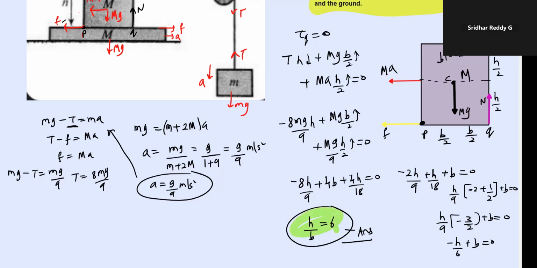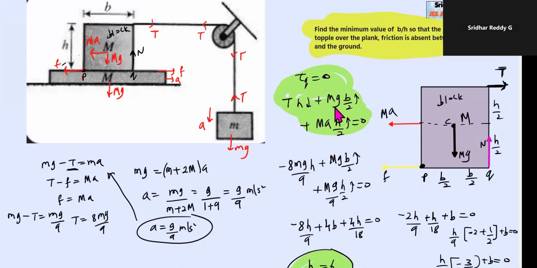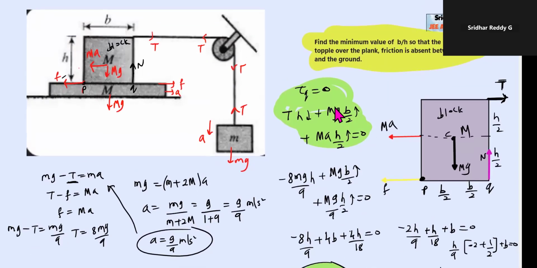Okay, we have introduced torque due to tension also. I think this is the concept. Rest of everything is calculation part. Let me analyze. You can see the basic thing. This block will accelerate. This block and the plank are accelerating.